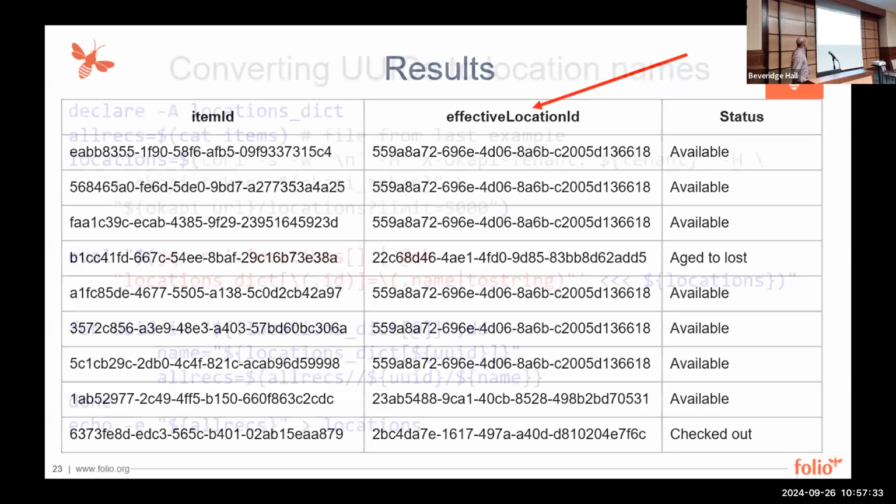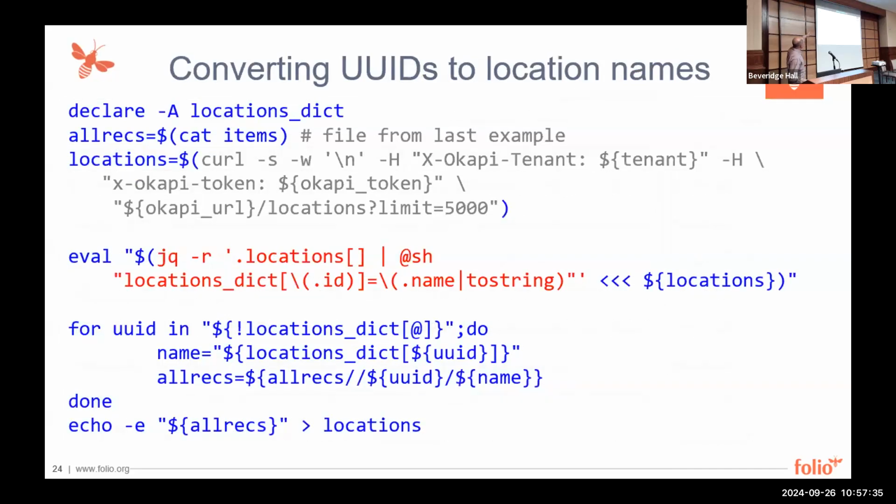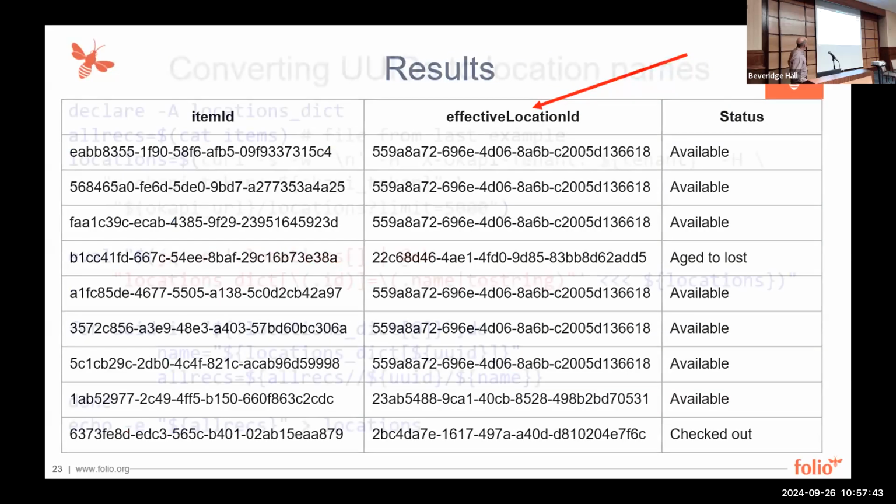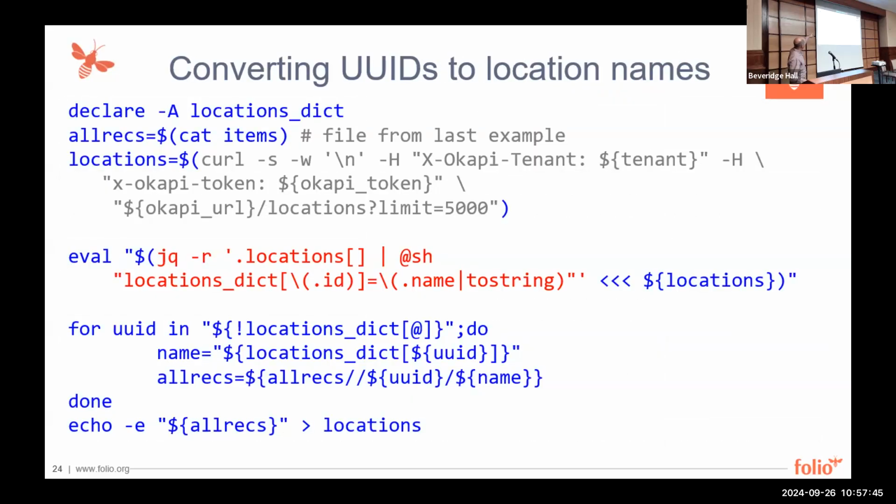Now, if we look at the second line, this all recs, that's just what we had from here. We inhale the locations, we convert the name to basically a string that's keyed on the dictionary. Then all we do is iterate through the file.